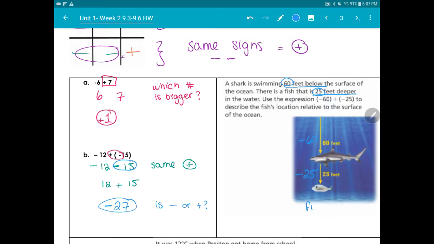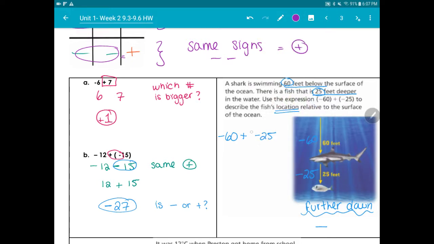I'm going further down. So that means my answer, I already know, because it wants us to use the expression -60 plus -25 to describe the fish's location. I know the location is going to be further down, so that means my answer must be negative.